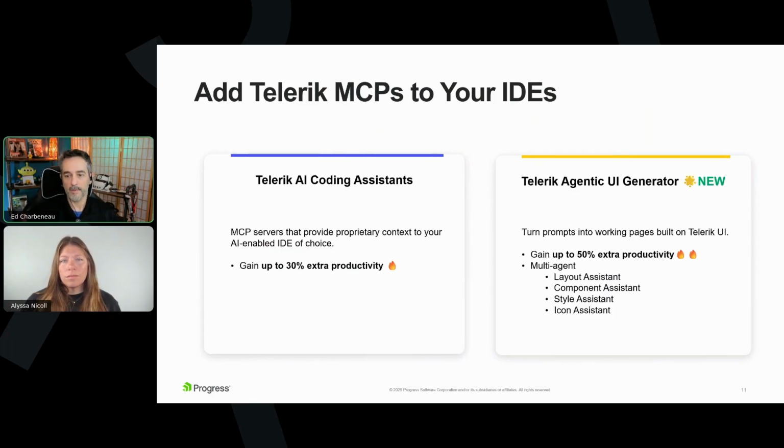And our customers that were in the early release program that Alyssa was helping pioneer are sharing with us that they are getting up to 50% productivity. So they're getting like another 20% productivity boost off of these Agentic UI Generator tools. This is really cool stuff, and we'll share a little demo of that in a minute.